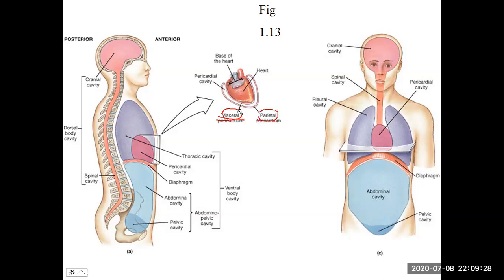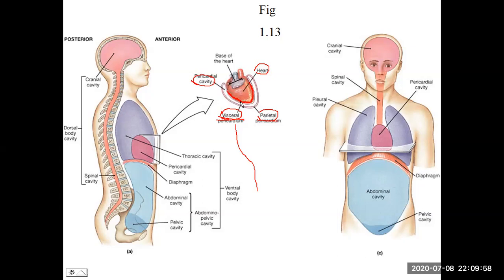The visceral portion of a serous membrane is the deeper portion, to use the term, and it's directly fused to some particular organ. And that's always the case for the visceral membrane. It's a part of the organ. It's attached to the surface of the organ. Whereas the parietal component of a serous membrane, it lines some particular body cavity.